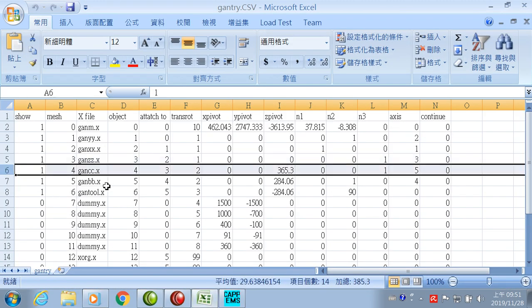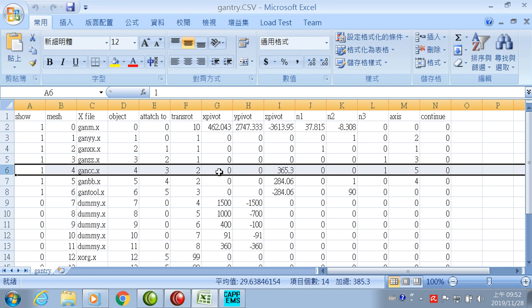Next is ganzz.x, which is object 4 attached to object 3. Object 3 is z-axis. The c-axis translocate is 2, means it is a rotation axis.